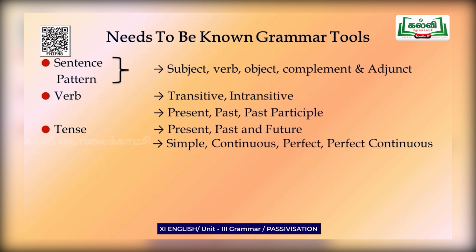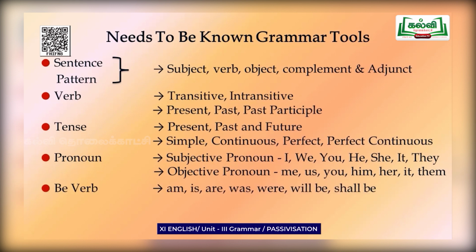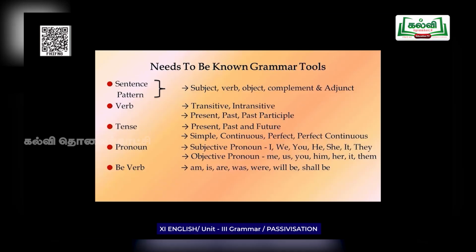In each category, simple, continuous, perfect, perfect continuous. Pronoun, subjective pronoun, objective pronoun. Be verb: am, is, are, was, were, will be and shall be.